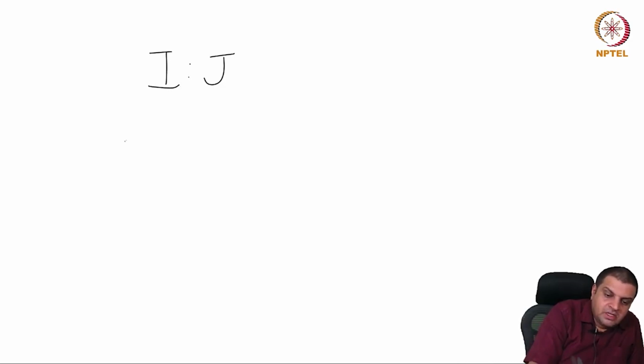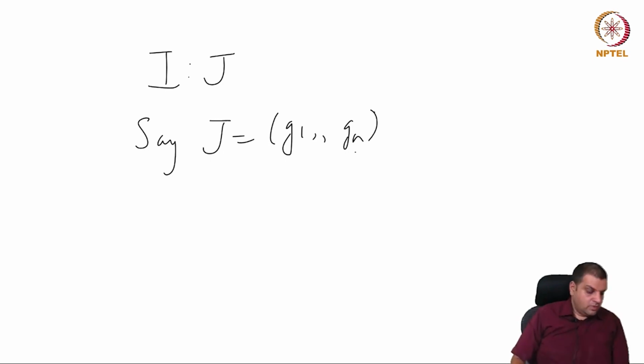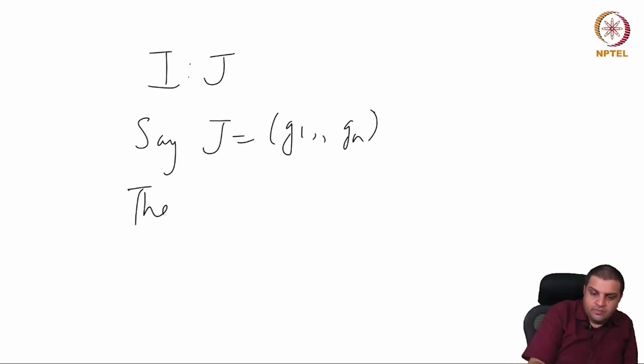What about these? So if say J is generated by G1 through Gn, then I colon J is the intersection of the I colon Gi.